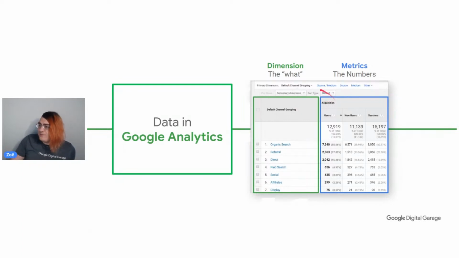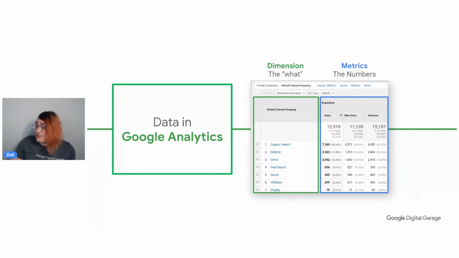So in this case, what we're looking at here is the different channels that people could arrive on your website from. So we've got organic search, we've got social media down here, we've got paid search, we've got direct, which is when someone just types the name of your website into their search bar, or when they click on a bookmark. Those are both direct. Those are all the things that are being measured. So it's showing you what the different channels are.